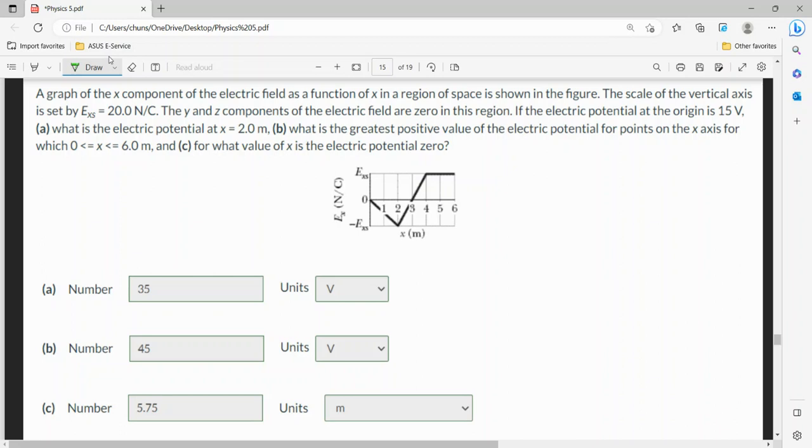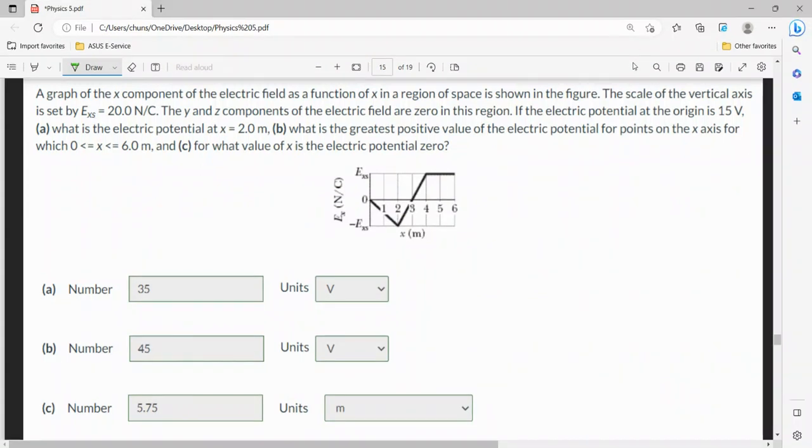So what is the electric potential at x equals 2 meters, and what is the greatest possible value for the electric potential for points on the x-axis, for which x is between 0 and 6 meters, and what is the value of x when the electric potential is 0?